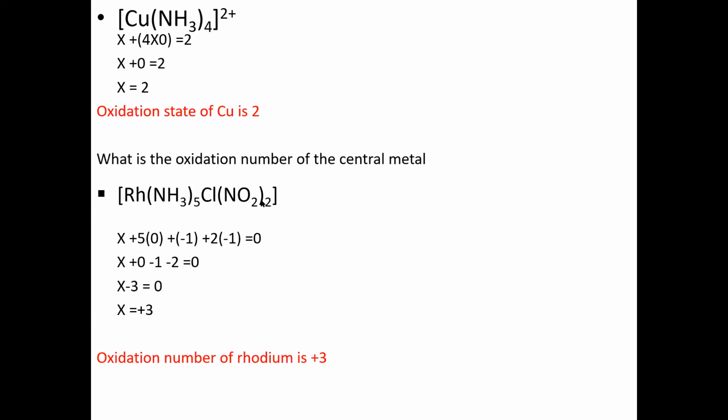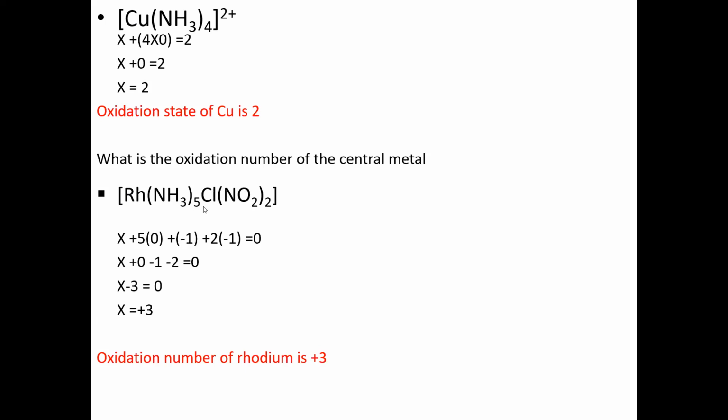Now, the next one is our rhodium complex. For our rhodium complex, we are looking for the oxidation state of the metal, which is our rhodium here. So our rhodium is X. Our ammonia here is 0, so 0 times 5, plus our chloride ion. Of course, you know the charge of chloride is -1. And our NO2 is also -1.